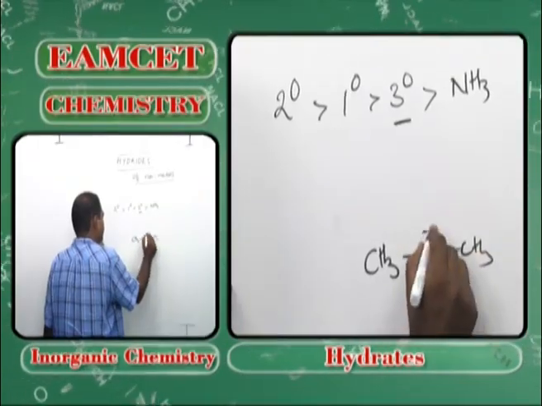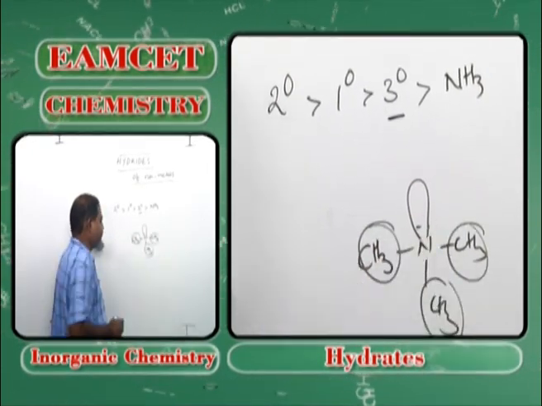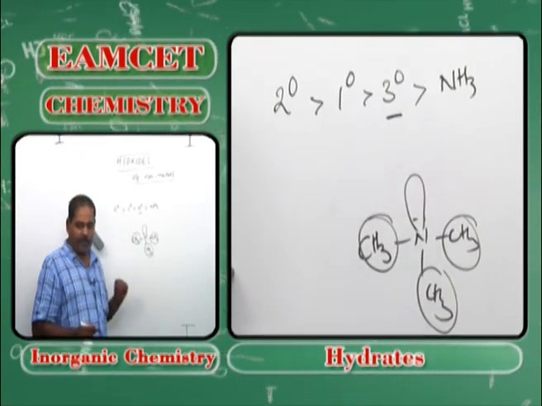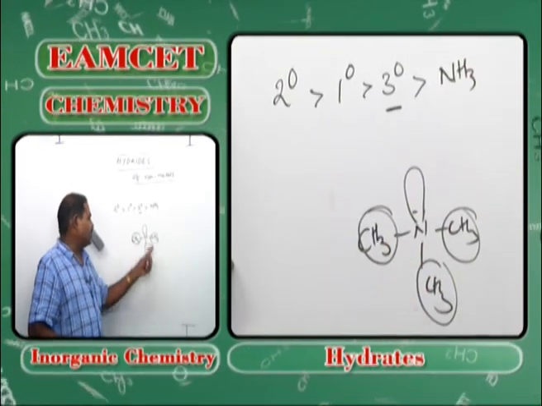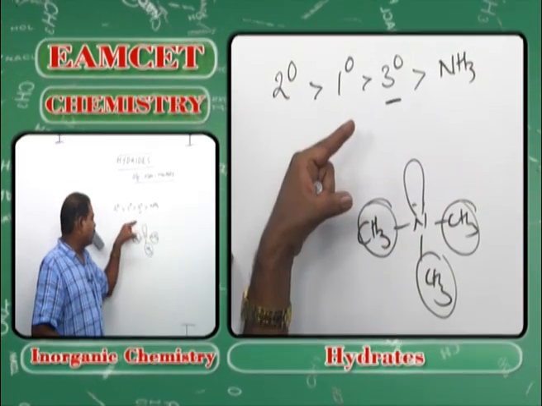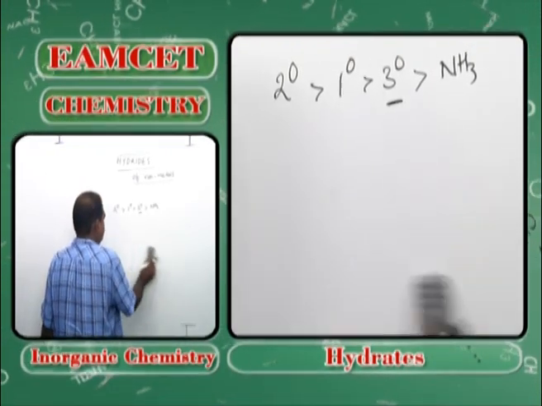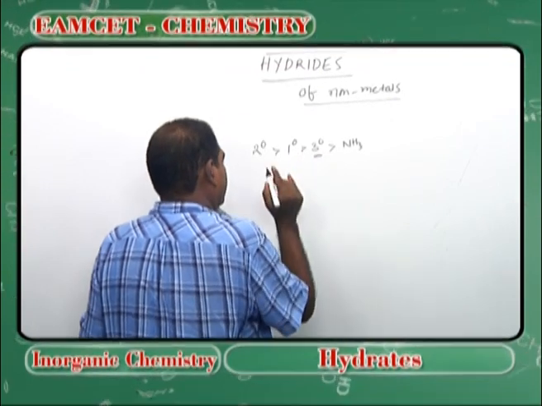They are not, because of steric factors, a traffic jam. There are so many groups, the proton cannot approach nitrogen easily. Therefore, though there are three groups encouraging here, the proton cannot approach because of lack of space around nitrogen. So, secondary amines are more basic than primary, and more than tertiary.